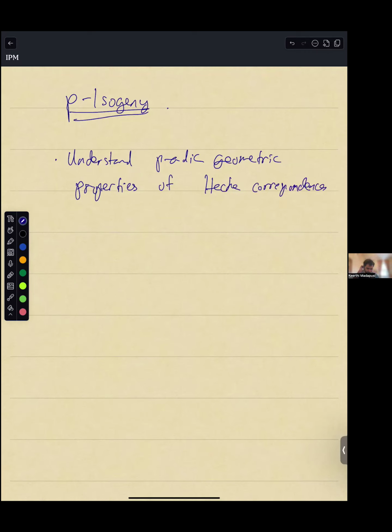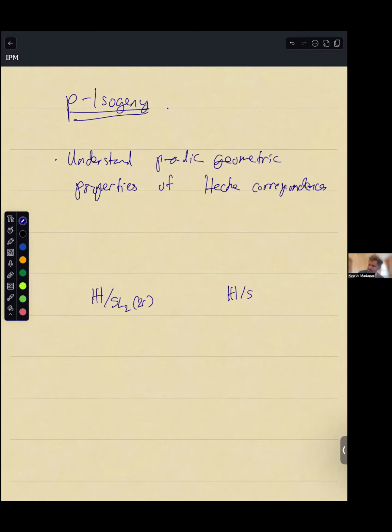The classical Hecke correspondence shows up in the following way. You take the upper half plane, let's say modded out by SL2Z. So this is the classical level one modular curve.